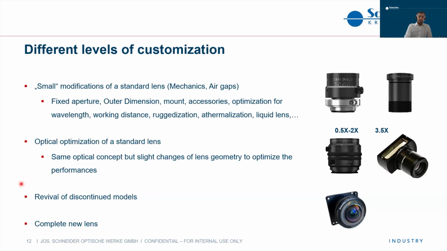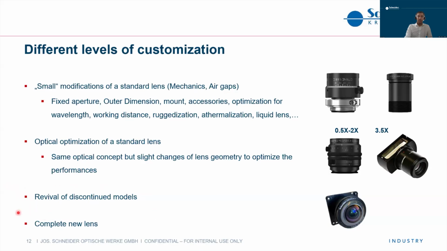People from the internet cannot actually see that we discontinued some models, but they are looking for a lens as they think it should be a complete custom lens maybe, but maybe not. And if you ask your optic supplier, they might have some lenses actually matching your application without having to make a complete new redesign. So basically, it would be a revival of a discontinued model.